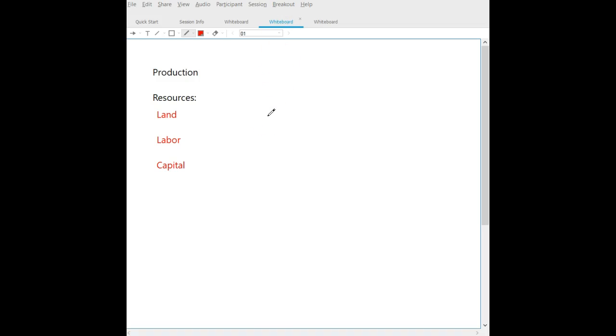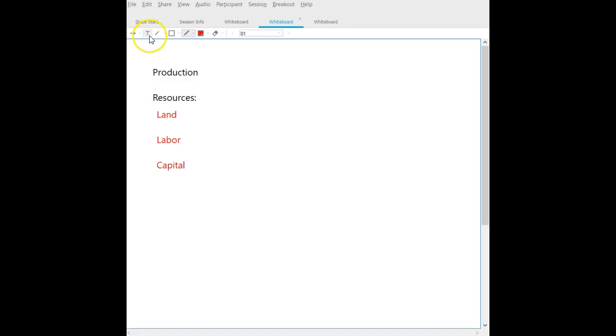When we talk about how they're going to be produced, we talk basically about labor, land, and capital, which are the resources that go into the production process, which is the process of converting the resources into goods and services.